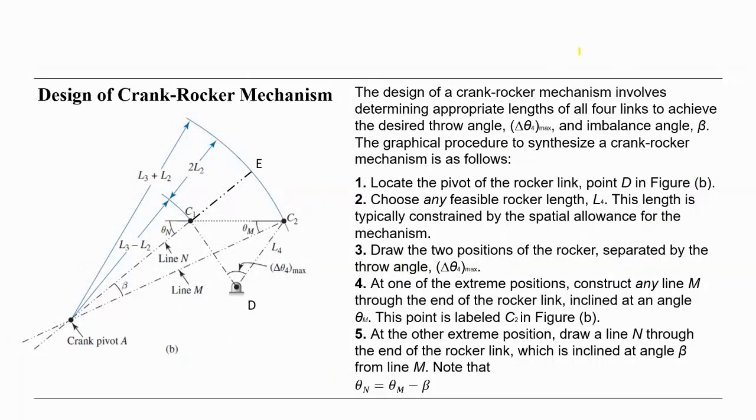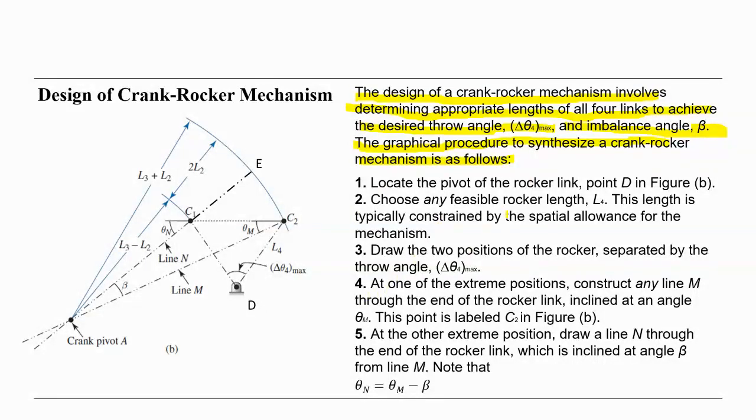The design of a crank rocker mechanism involves determining appropriate lengths of all 4 bar links to achieve the desired throw angle, delta theta 4 max, and imbalance angle beta. So the graphical procedure to synthesize, that means to create, a crank rocker mechanism is as follows.